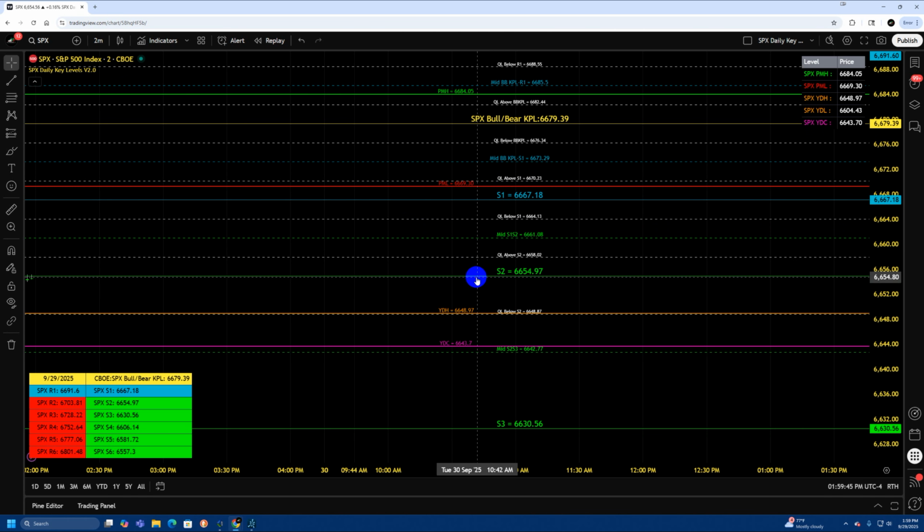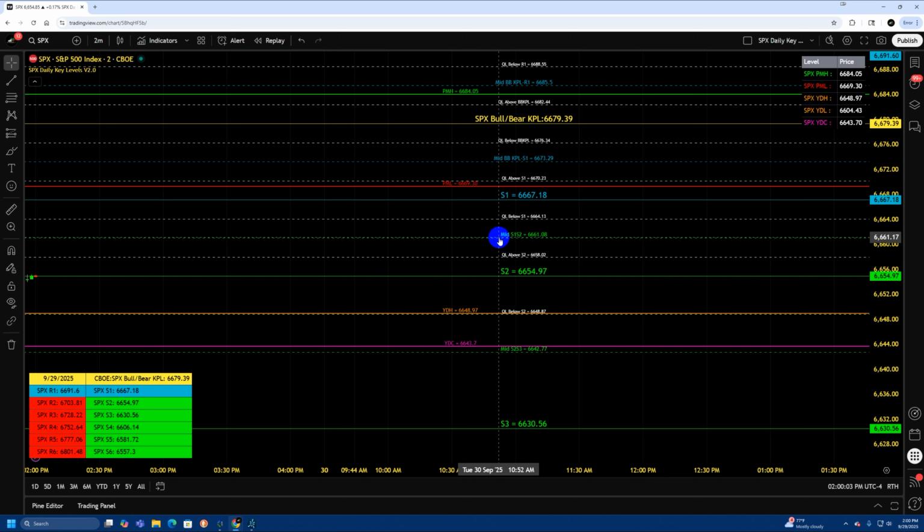On a break below S2, the tight stop loss for a bearish trade taken from S2 would be the first QL above S2, and your standard stop loss would be the first midpoint above S2, which is mid S1, S2.